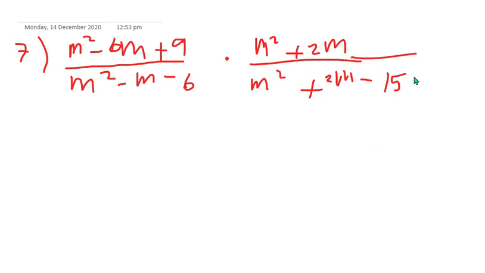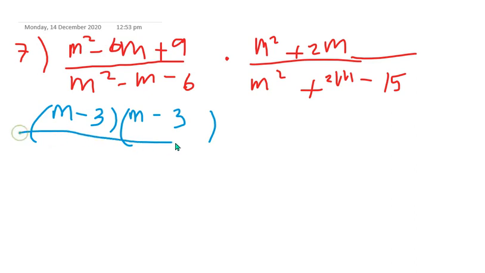Okay? So here in this example, you're going to use trinomial factoring. Okay? So I start with the factoring. So you're going to factor, get the sum and the product. So 9, this is a perfect trinomial. So we have m minus 3, the square root of 9 is 3. Then m minus 3. Because negative 3 times negative 3 is positive 9. And negative 3 plus negative 3 is negative 6. Okay? Over. This is trinomial.